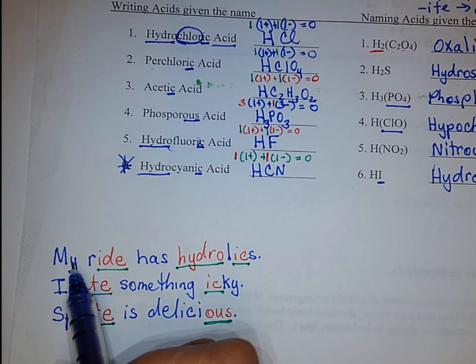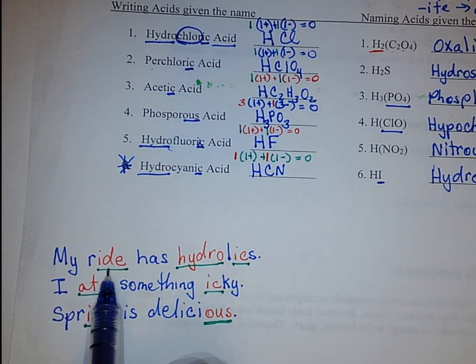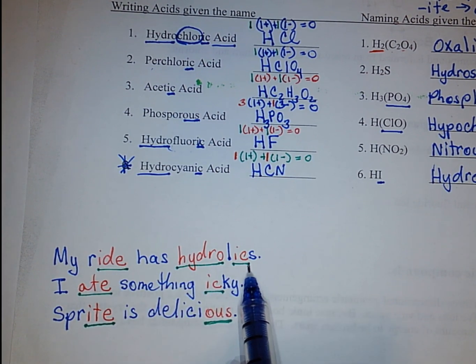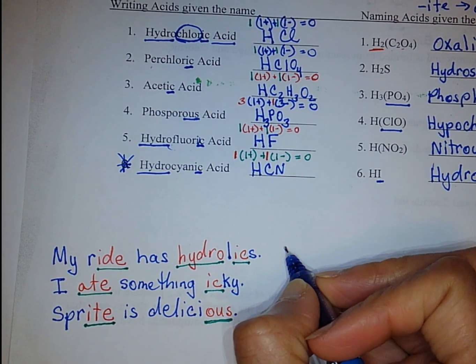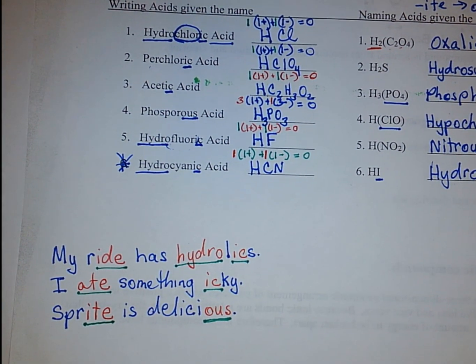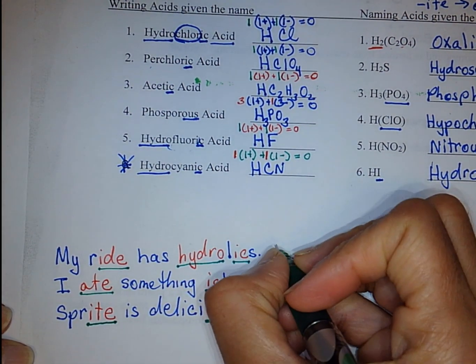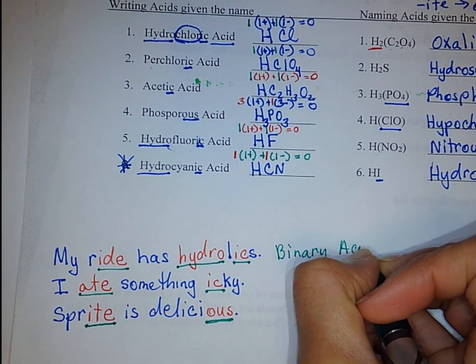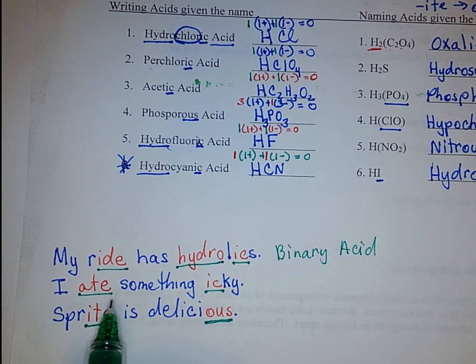This is a good mnemonic: my ride, IDE, has hydraulics. So this would be for the binary acid. And then it says, I ate something icky.